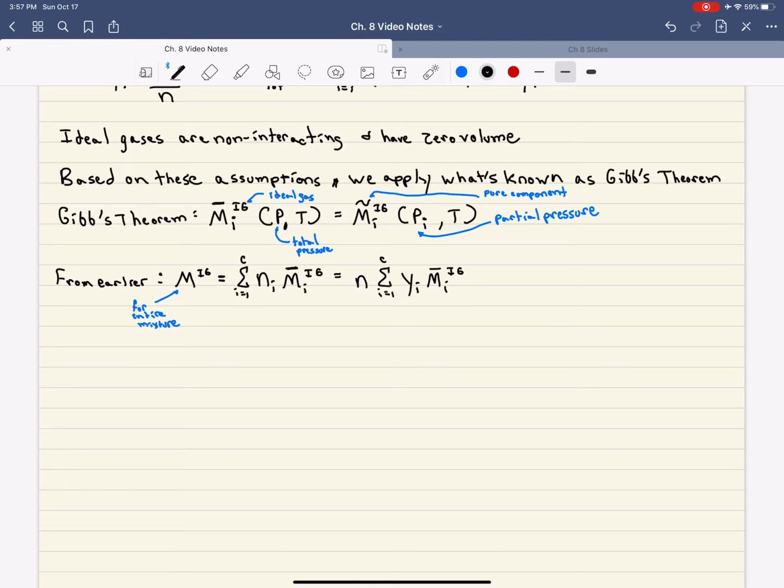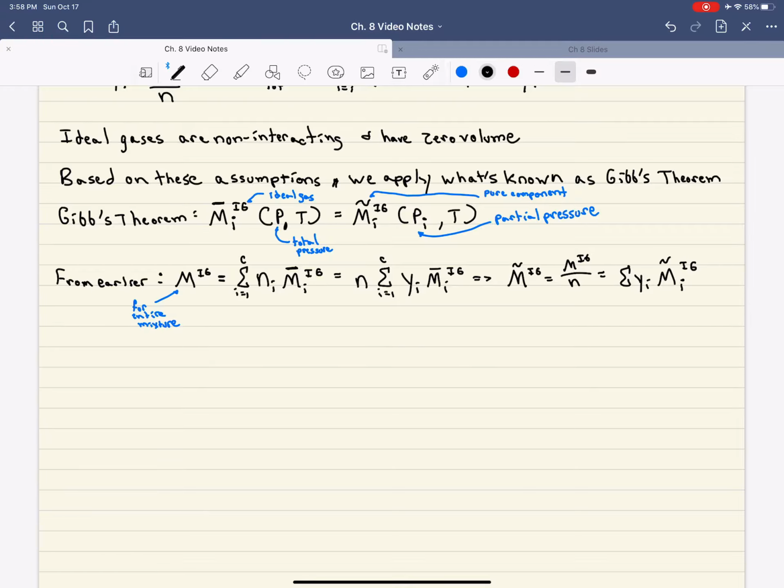And then, since we factor out the total N, we could divide regular M by N, so that we get M here, which is just equal to M Ig over N. That's equal to the summation of Yi Mi Ig.